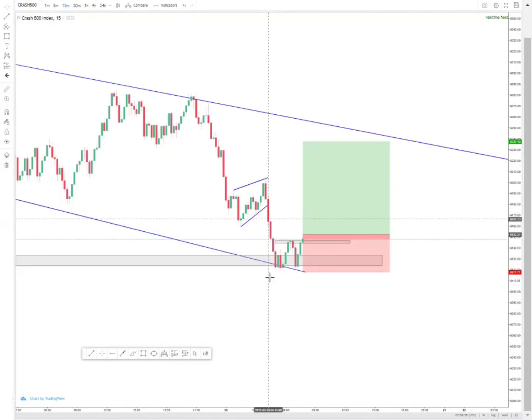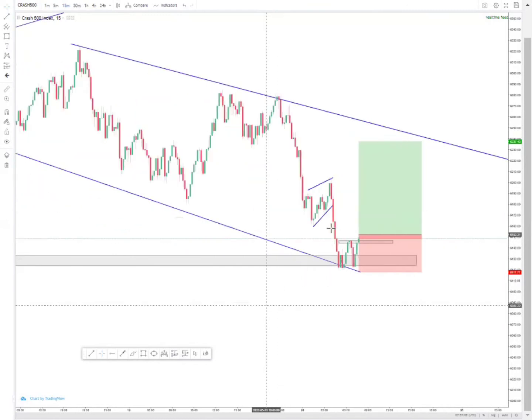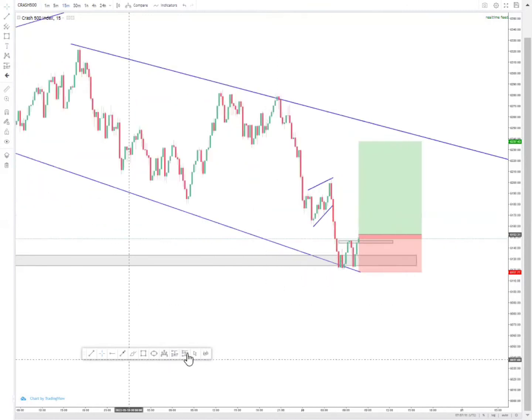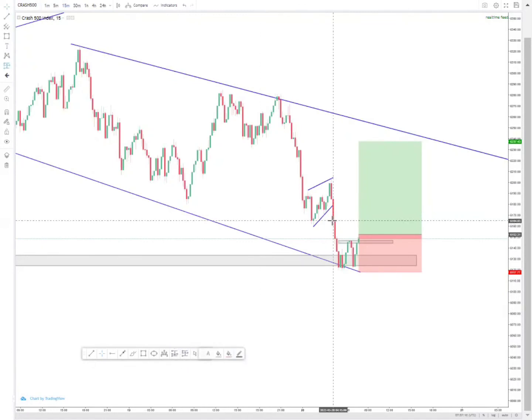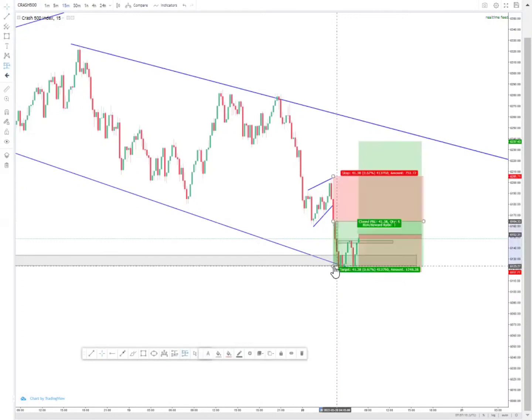So yeah, that is better than nothing. See, 4 USD, that's a lot, guys. It's not like 4 rand. So just imagine taking this trade.